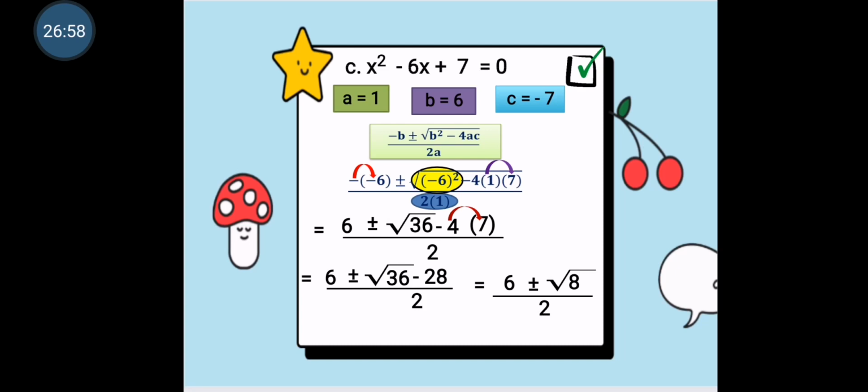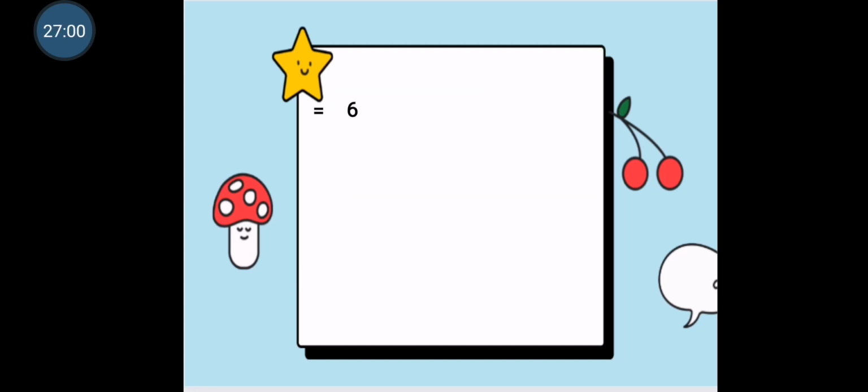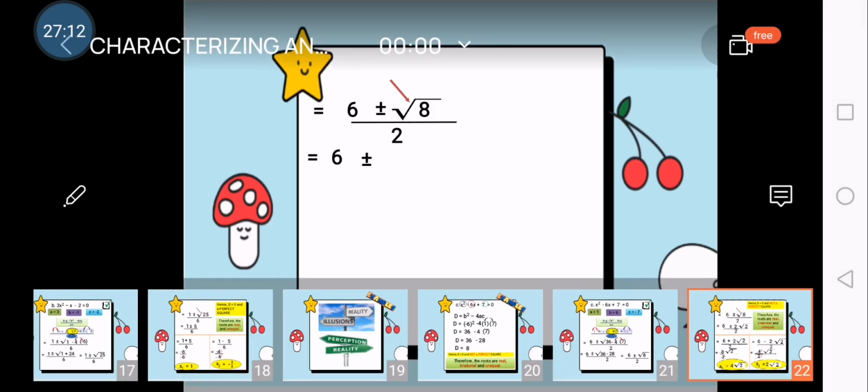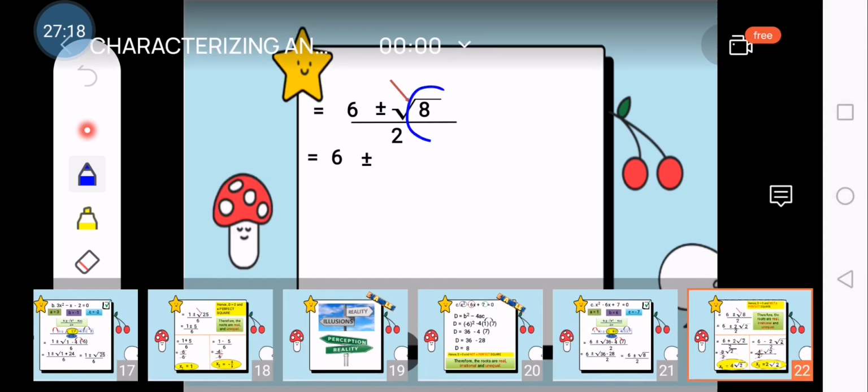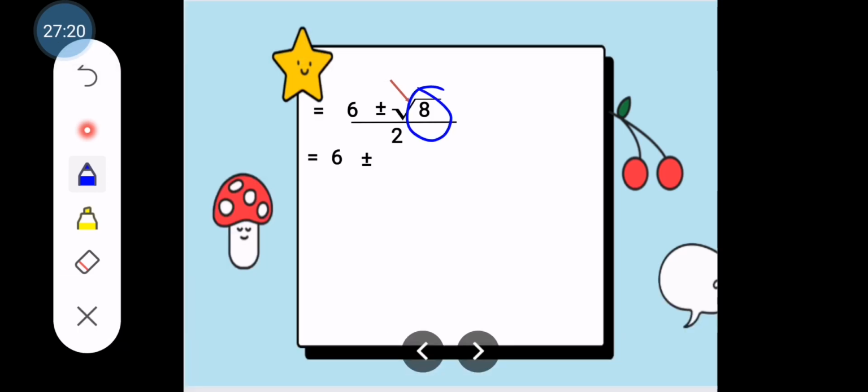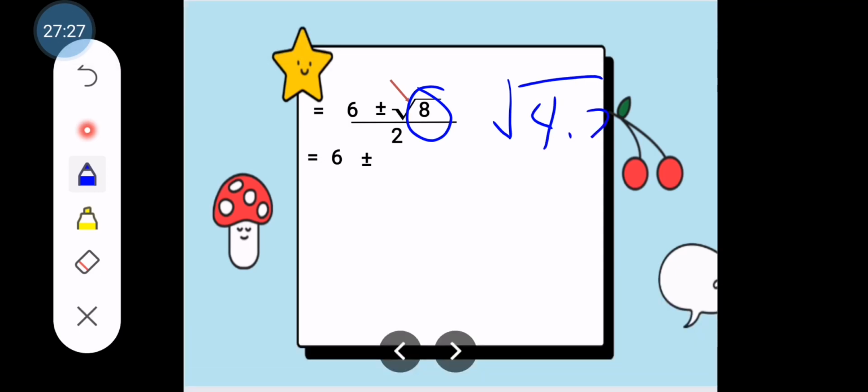Ngayon, paano na ang square root ng 8? So, alamin natin ngayon. Actually, ang square root po ng 8 is not a perfect square. Ayan. So, hindi po siya perfect square. And, ang factors po ng square root of 8 ay 4 and 4 times 2.